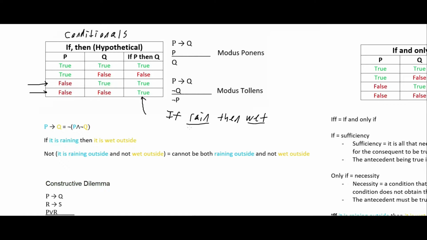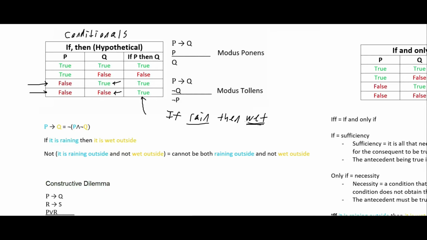But it's also true that if it's not raining, then we could say either it is wet or it is not wet, and it would still be true, because, as we'll talk about in a bit, this is if-then rather than if and only if. This is a sufficient condition, but not a necessary condition for it to be wet. So even if it is not raining, it could be true that it is wet, or it could be true that it is not wet.